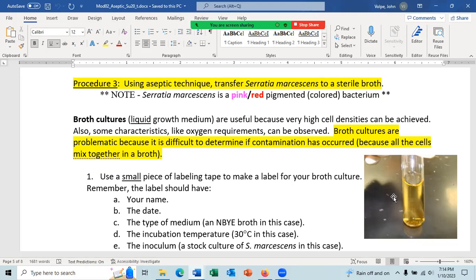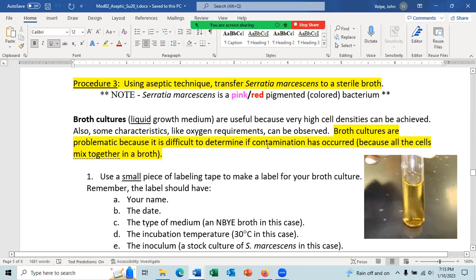Meaning if 10% or less of the cells were contaminated, but 90% were Serratia marcescens, the broth would still look pinkish. You would not see the off-white color from the contamination in a broth.